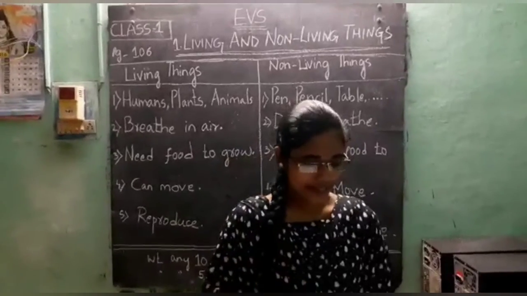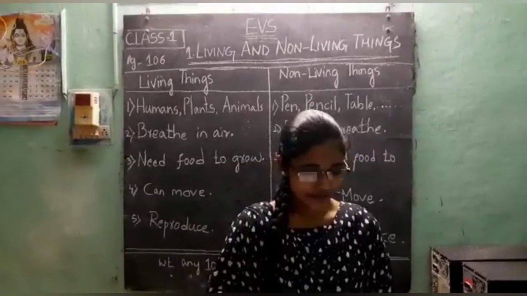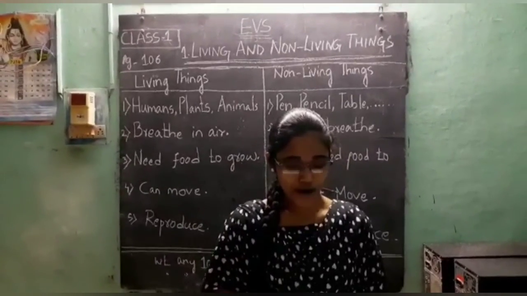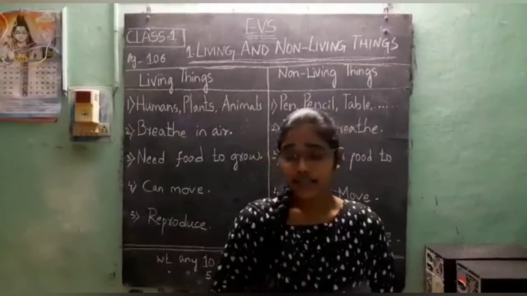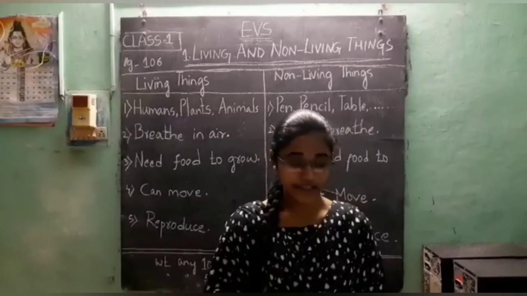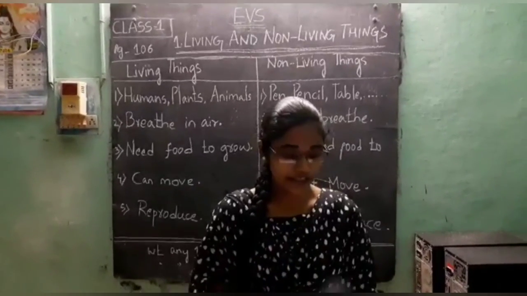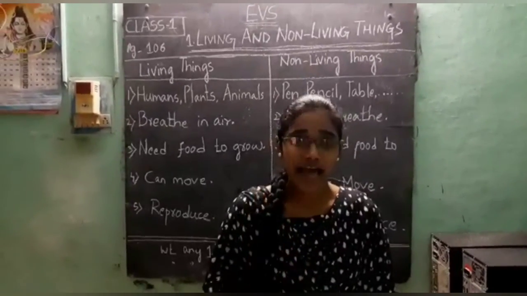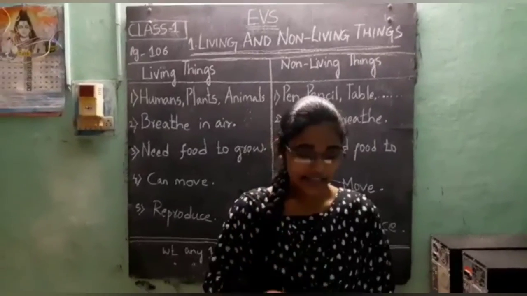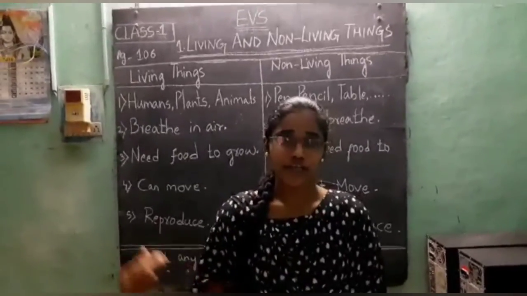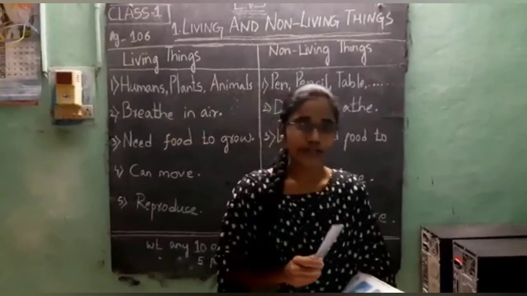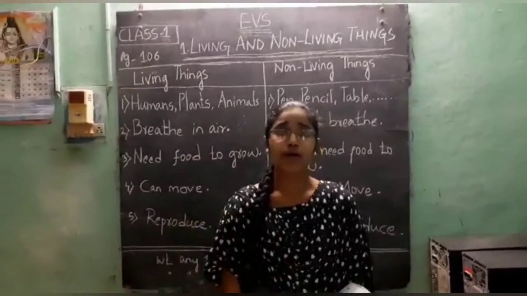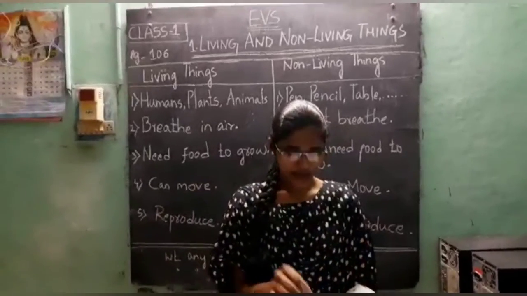Next point. All living things can move from one place to another. All living things like humans, animals, plants move from one place to another. See, I'm able to move. Even the animals move from one place to another.